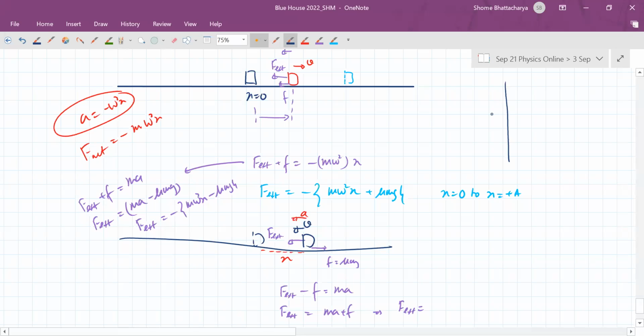So the first part, going back to this, for example, when it is at x equal to 0, its acceleration is 0. But the friction is acting towards the left. So F has to be in the positive direction.